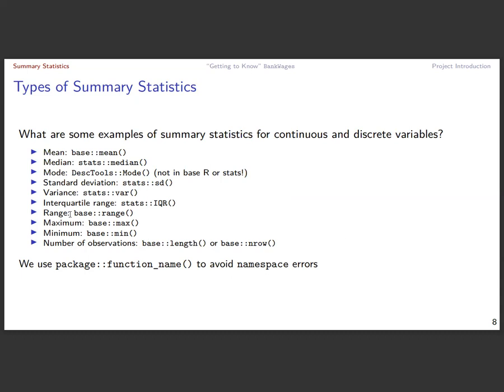Range just gives you the min and max too in one outcome. And then one of the things that I don't show here that we're going to look at is percentiles, which allows you to get more specific. So in this case, this is a 25th percentile.